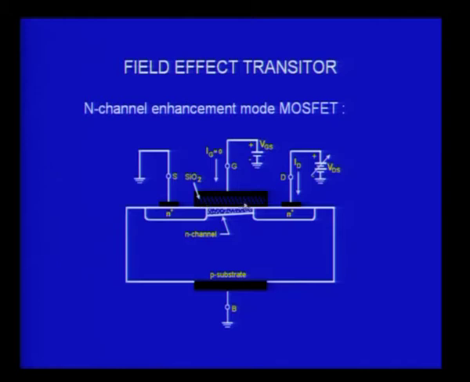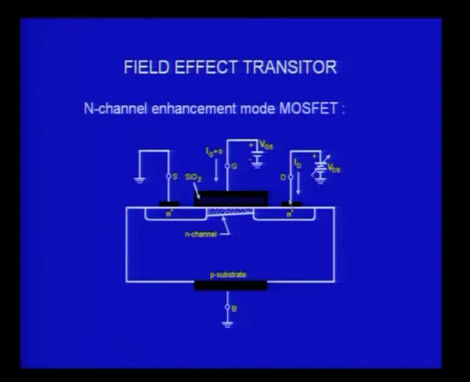Over this gap you put a silicon dioxide, an insulator. Silicon dioxide is an insulator, and over that you put a metal. Therefore, you have a metal, an insulator and a P substrate that forms a capacitor sort of a thing here. So, this N will become the source, and this will become the drain.